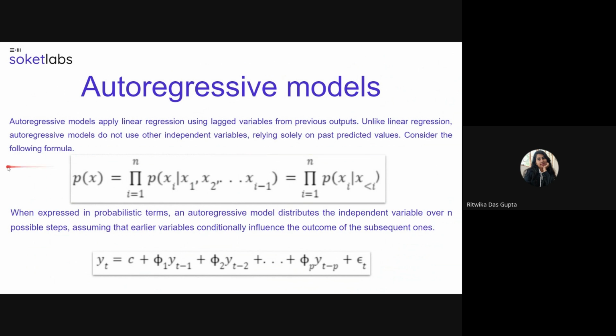This is the formula of the autoregressive model, and it can be simplified this way, where y represents the predicted outcome based on multiple previous results, each multiplied with a coefficient phi, and these coefficients represent weights or parameters that determine the influence of each predictor on the new result. The formula also accounts for some random noise, that is the error term, and this error term can be improved further for the improvement of the model.